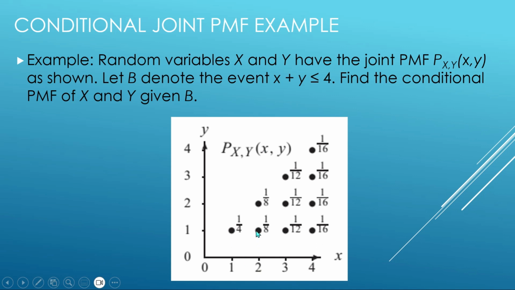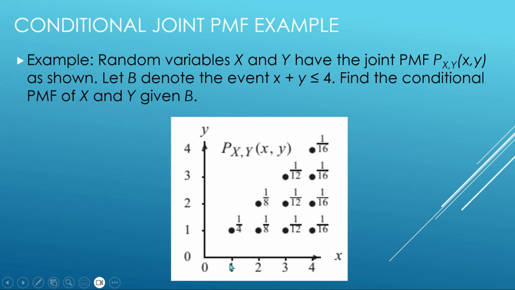2 comma 1, 2 plus 1 is equal to 3. It satisfies this condition, so we can take 2 comma 1 as well. 2 comma 2, again it is 4, satisfies this condition. 3 comma 1 satisfies the condition, 3 plus 1 is equal to 4. 3 comma 2 violates this condition, so we cannot take 3 comma 2, 3 comma 3.